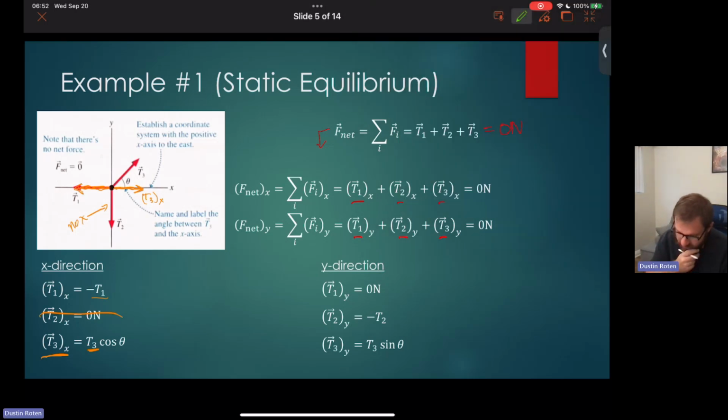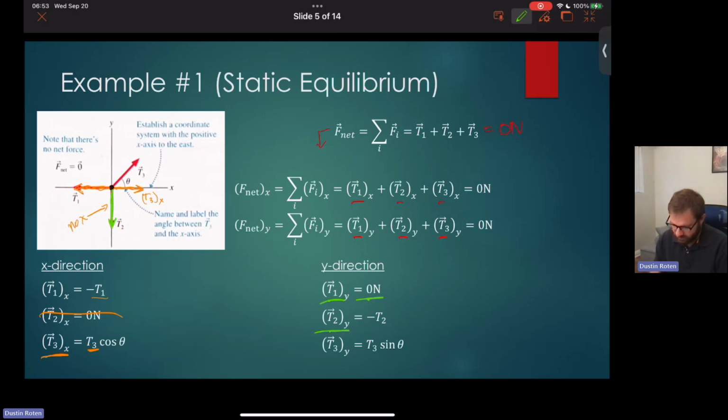Now let's think about the y direction. Let's do green. So in the y direction, the first tension you can see is lying on the x-axis, so there's absolutely no y component at all, so we know it's going to be 0. Now the second tension, this is good because all of that second tension is in the y direction and it's negative.